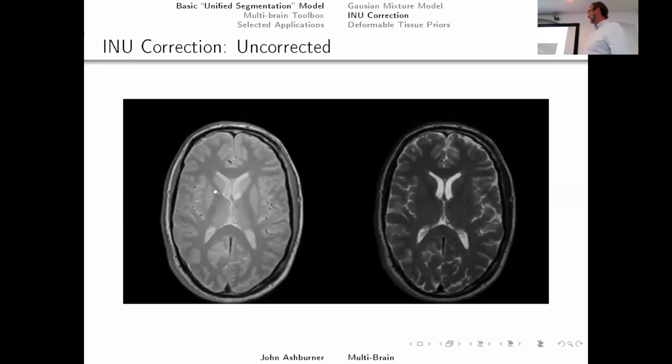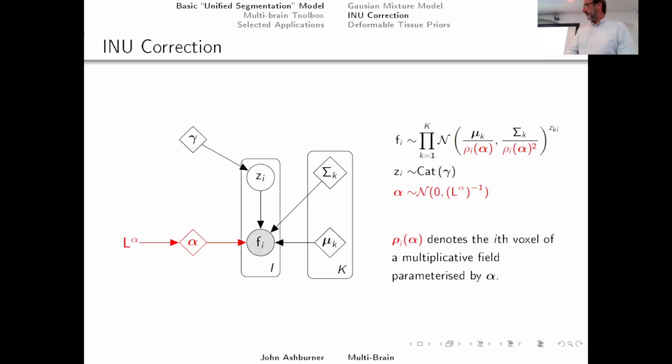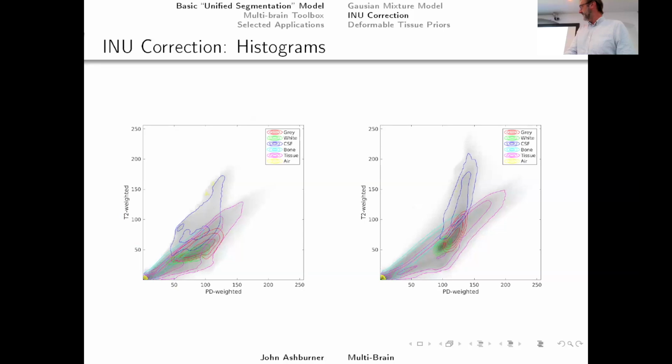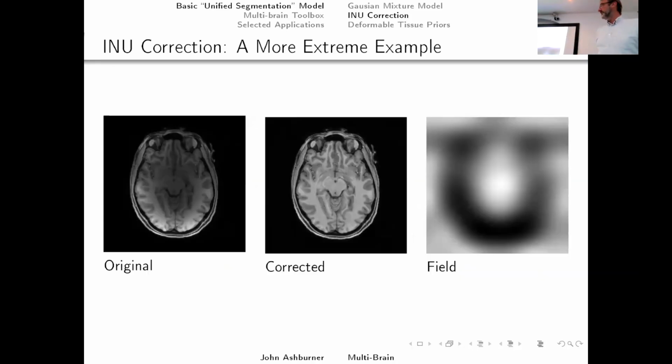It works multi-channel. So if we have proton density weighted and T2 weighted images, before and after correction, the differences are very subtle. It will change the joint intensity histograms and enable better separation of voxels according to their intensities.